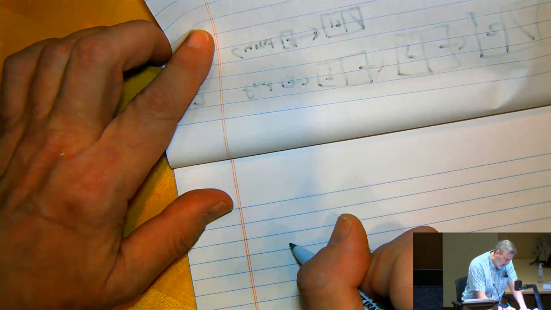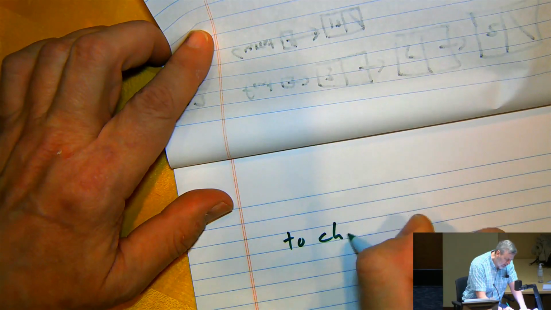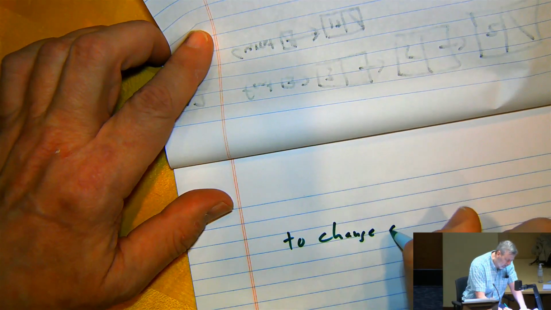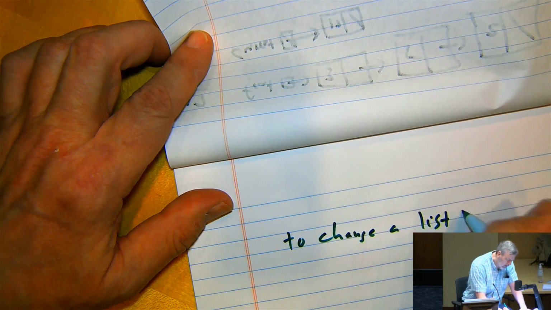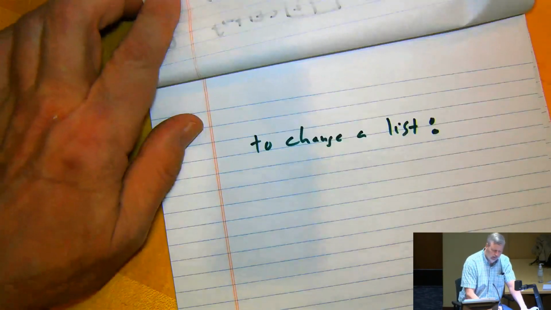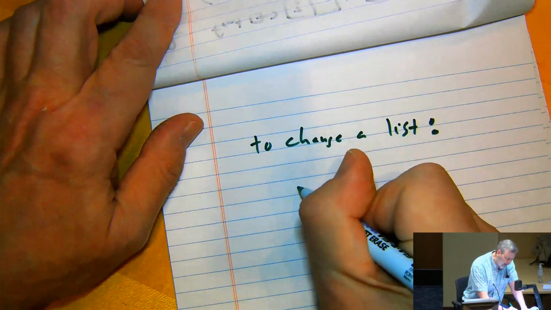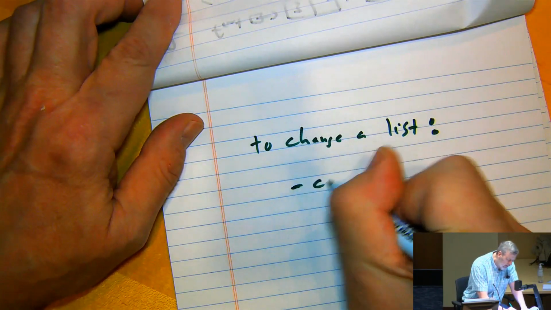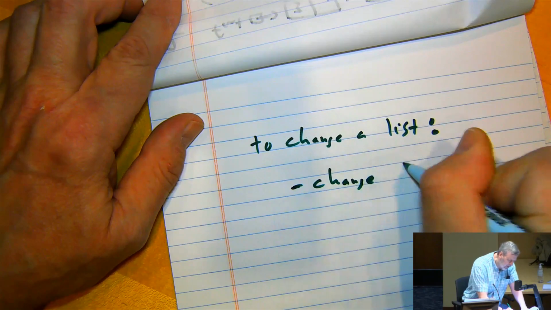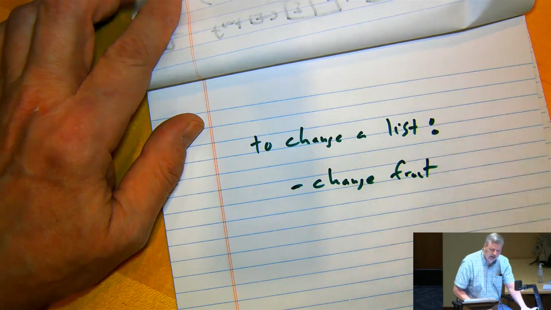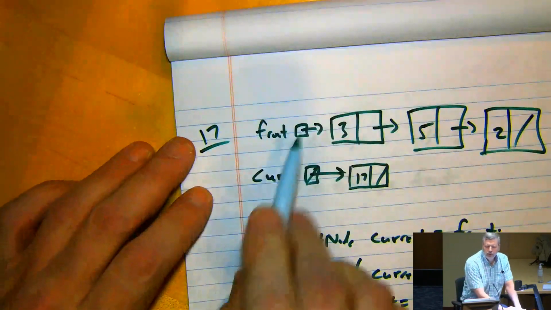So let me mention an idea. I'm going to repeat this idea in the lecture on Friday. To change a list, there are only 2 things you can do that would change a list like this. One of them is to change front. So we have this field called front that's keeping track of the front of the list.